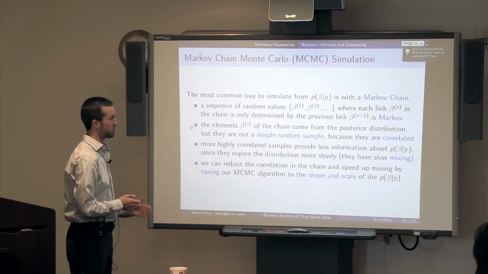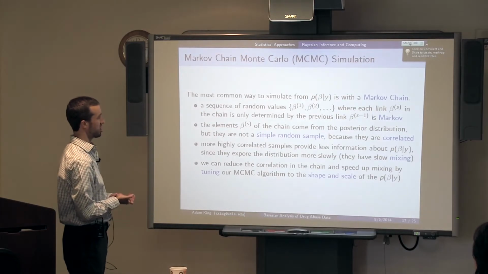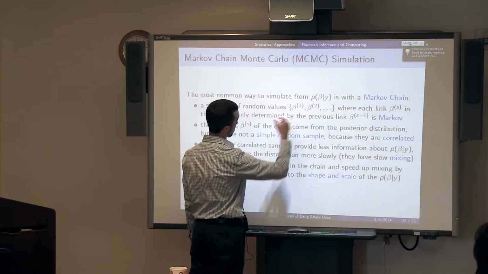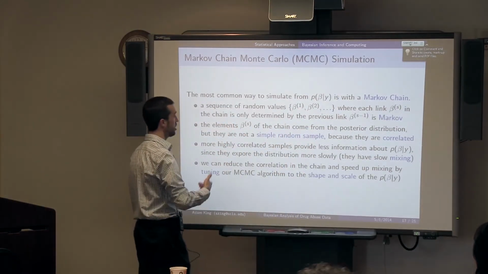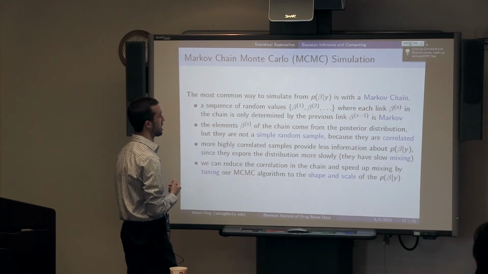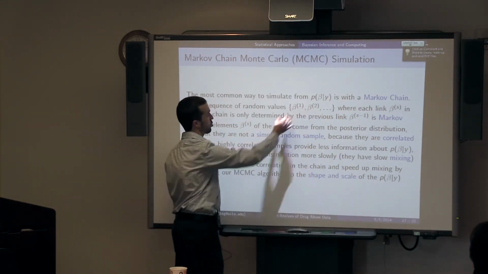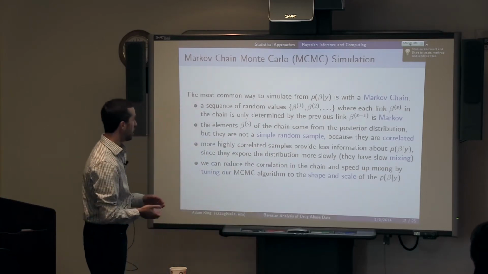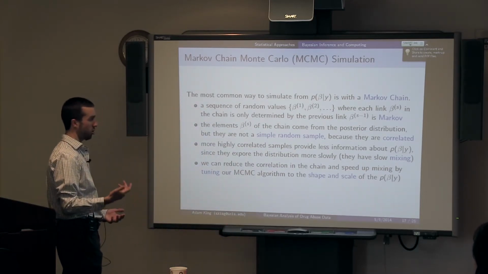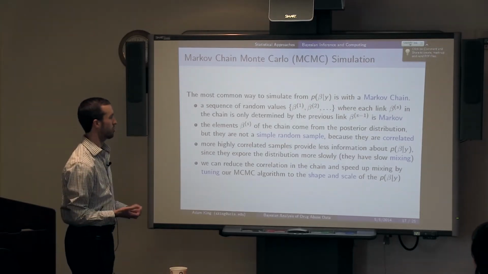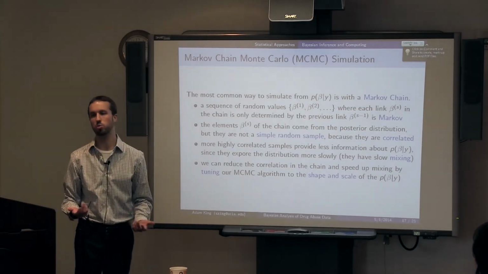Okay, so the most common way to do that is with something called a Markov chain. If I have a sequence of elements that I'm hoping are going to form a sample from the posterior distribution, this sequence or chain is going to have a Markov property if each element of the chain only depends on what the previous one was. These elements of the chain all are going to come from the posterior distribution, but what we really want, if you remember back to elementary statistics, is we usually want something called a simple random sample.